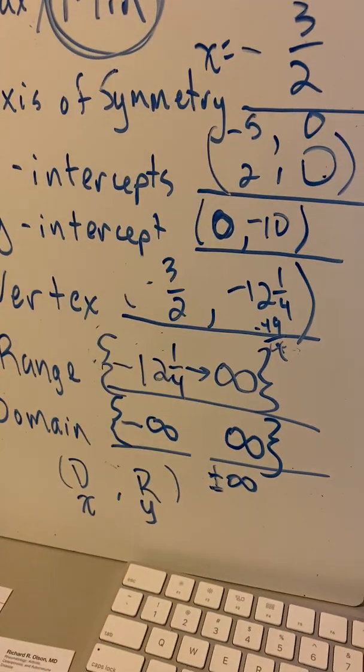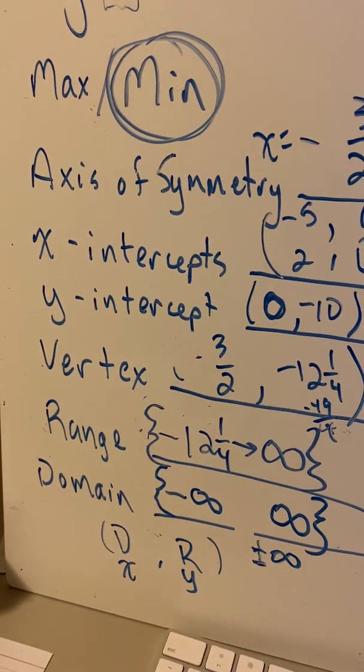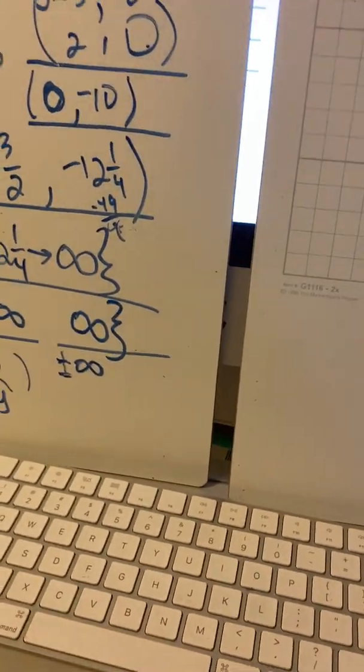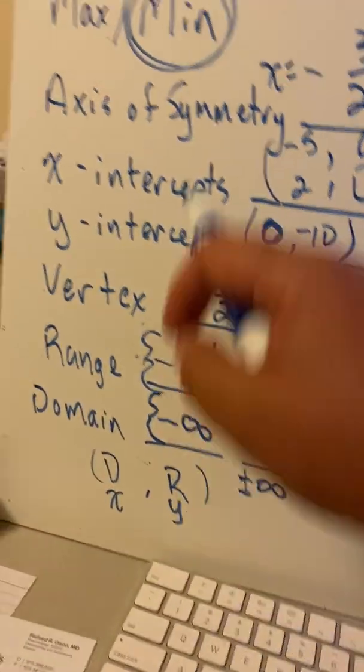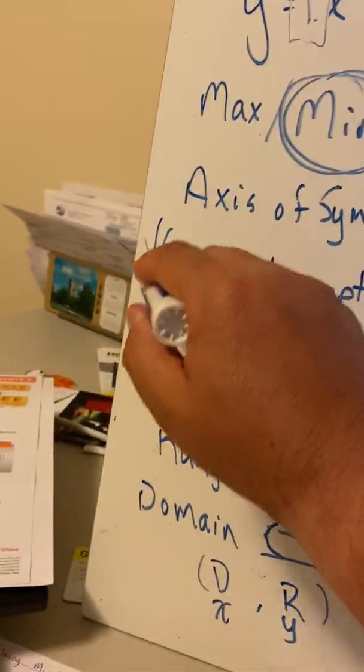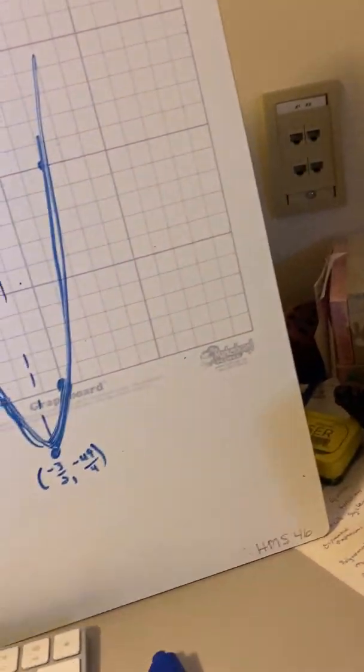The axis of symmetry is first, the vertex is second. Those are the first things you find. Then everything else is just plot it in and work it out. The range and domain, minimum, maximum, simple.